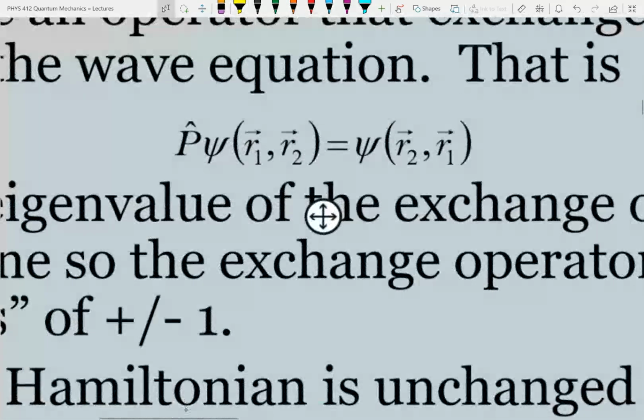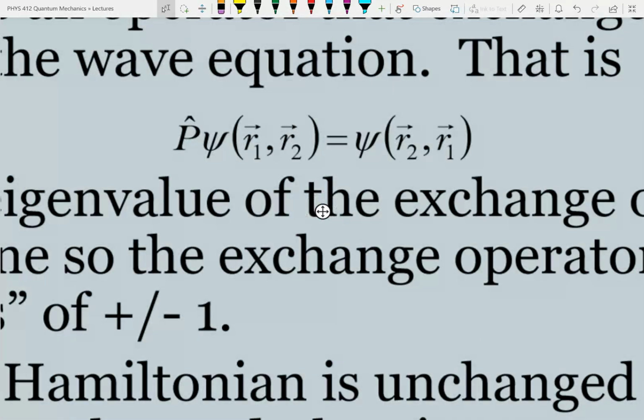It looks like it's the same wave function until you look at it carefully. Particle 1, particle 2, compared to particle 2, particle 1. So the exchange operator is changing which particle is in state A and which one is in state B.